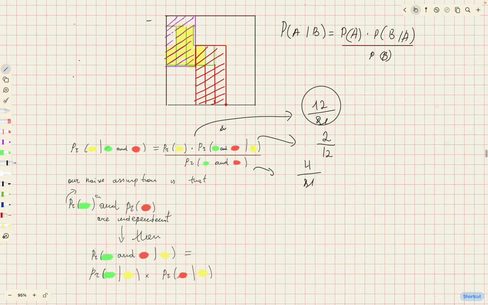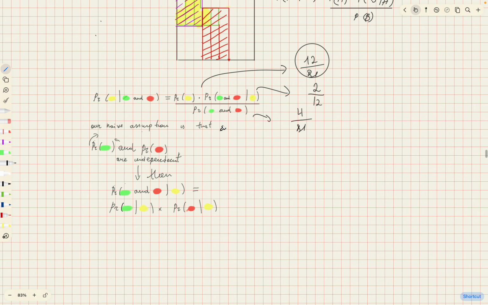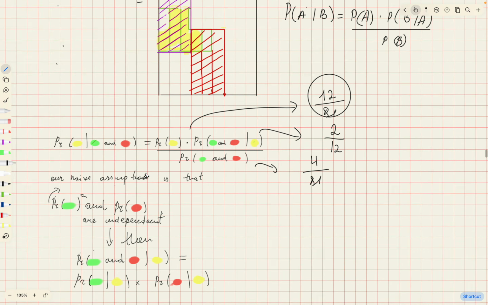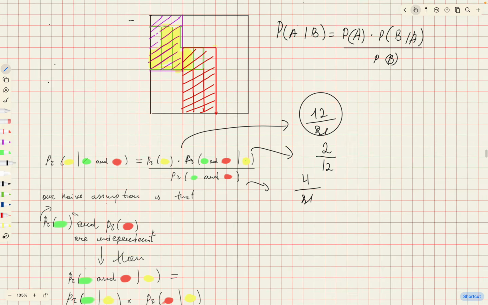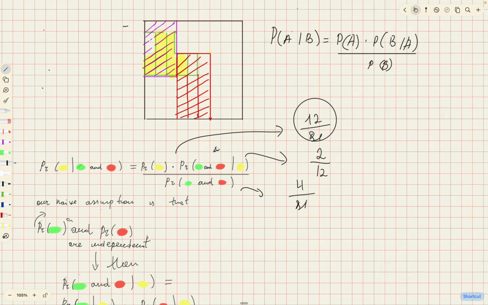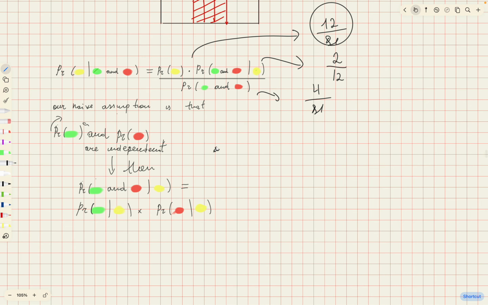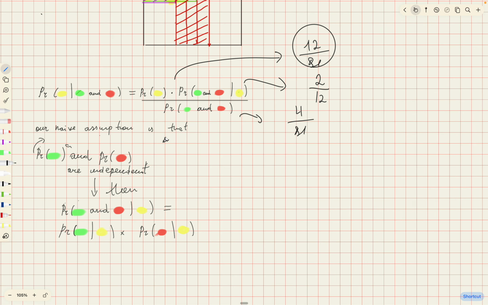And we have an assumption here that says the probabilities of observing green and red are independent. If they're independent, then this probability can be expressed in a different way that I show below.